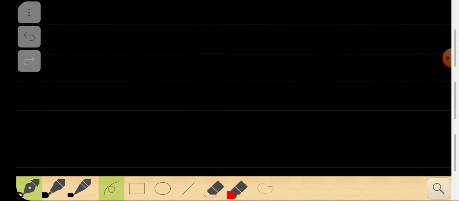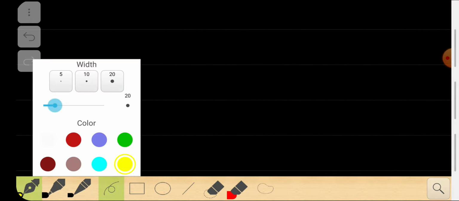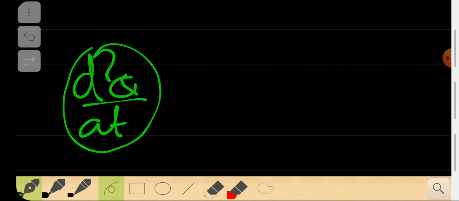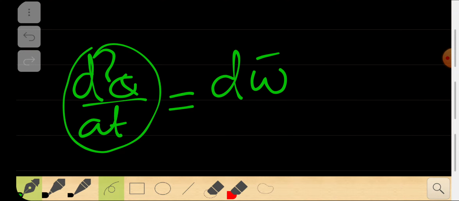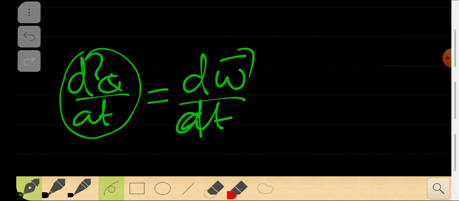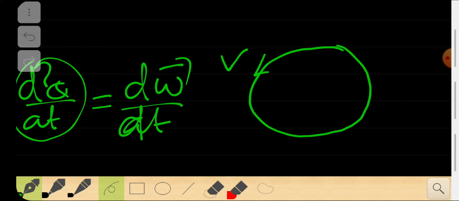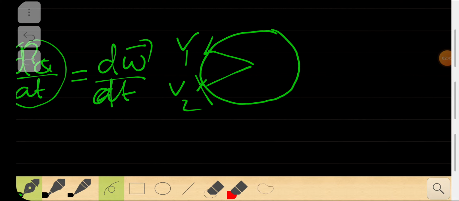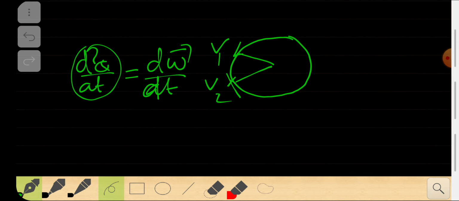Now the same thing happens with d square theta by dt square. If you take d square theta by dt square, that is the time rate of change of omega, that is d omega by dt. When you move around in a circle, your velocity at this point and the velocity at this point, v1 and v2, will be increasing. If velocity is increasing, then d omega by dt will be a positive value.